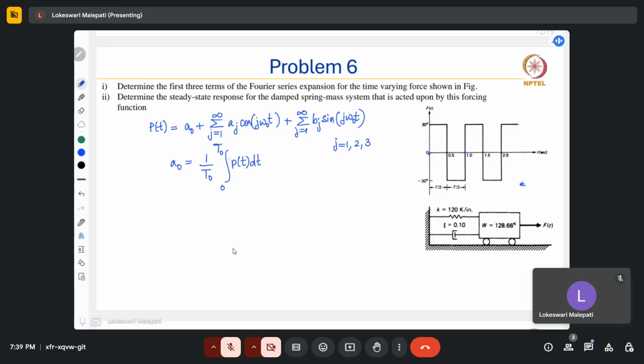So this integral is nothing but the area of this curve divided by the total time period. For this particular thing, we can easily tell that this is 0 because this area and this area will get cancelled out. And let's try to find out the other terms.